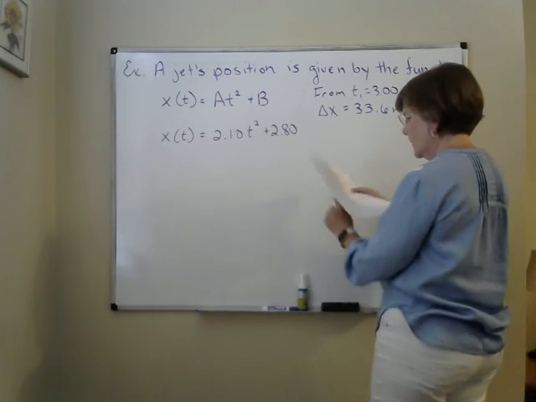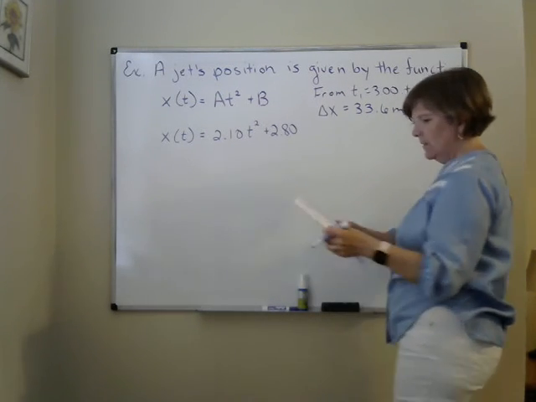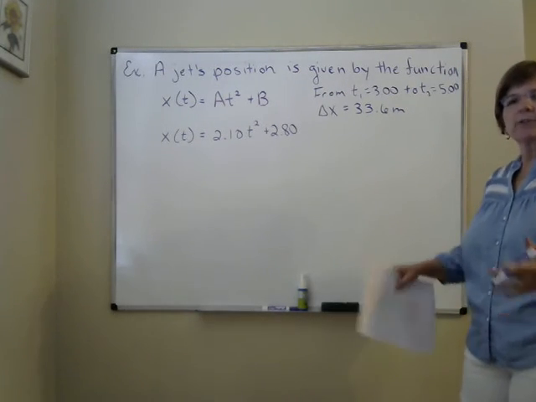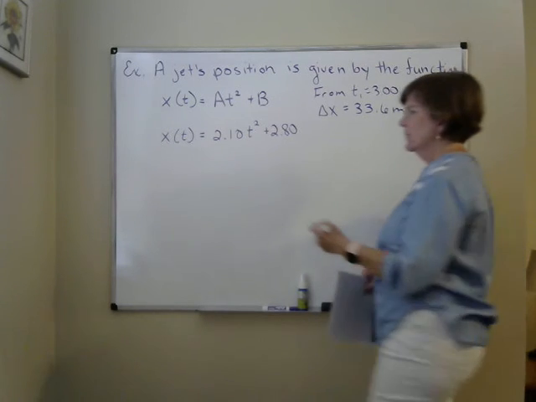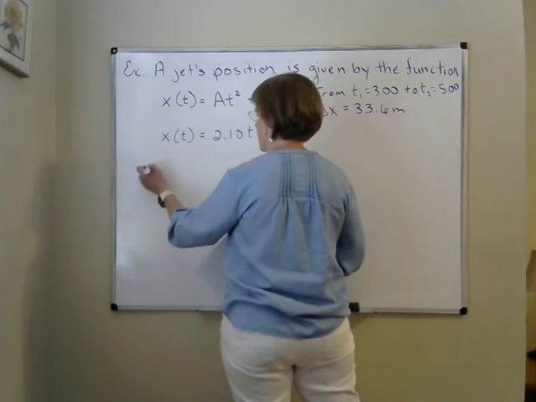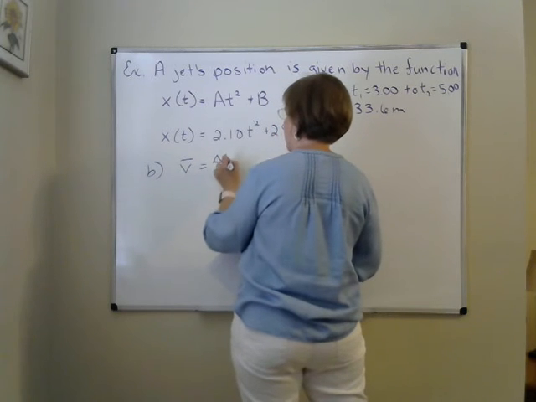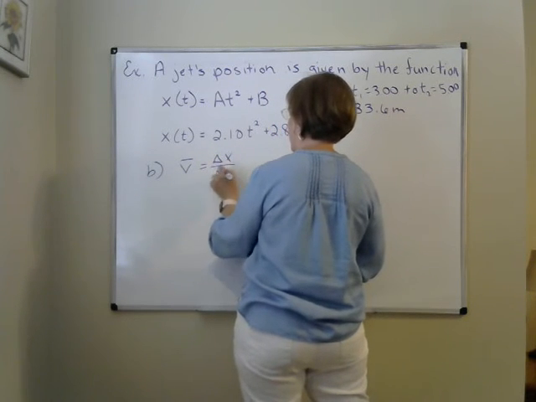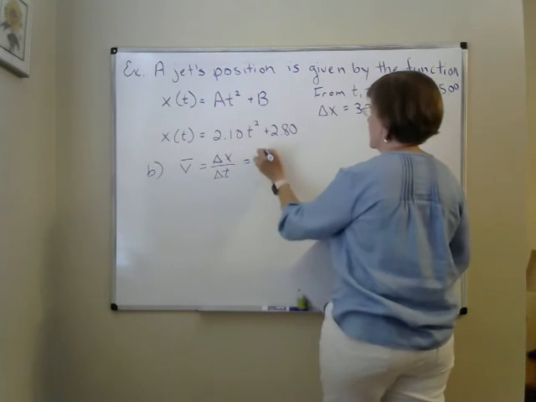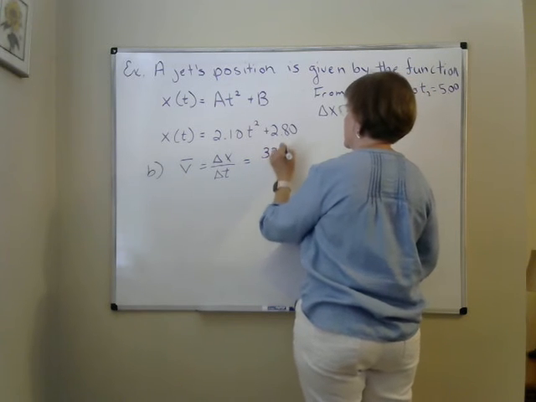Our second question here in this example says, what's the average velocity during that same time period? Well, the average velocity is simply the displacement over the time interval. In this case, we've already found the displacement was 33.6 meters.